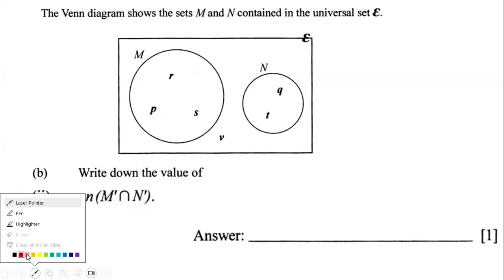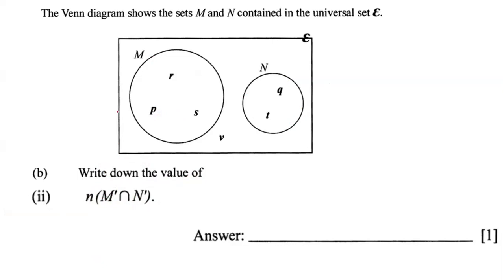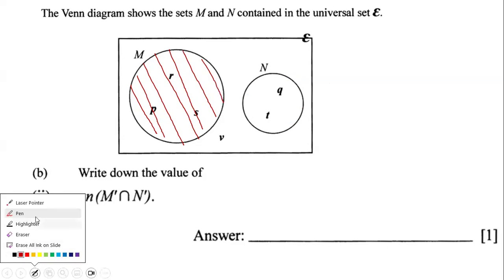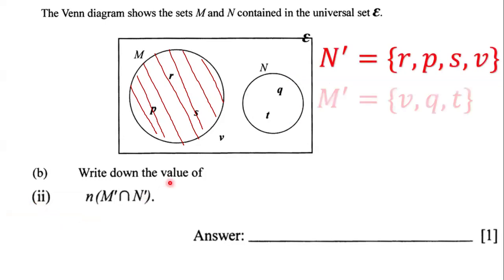Well, M complement means that you do not include any of the elements inside of set M. You include all of the other elements in the universal set except for those that are in set M. So M complement is going to be V, Q, and T, because these are the elements that are not inside M, but are inside of the universal set.